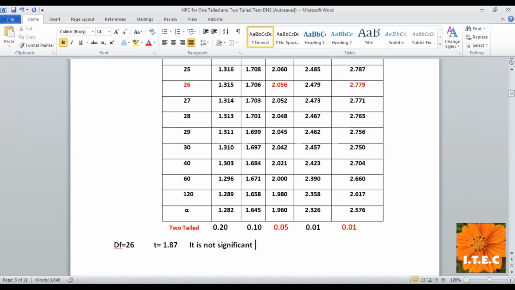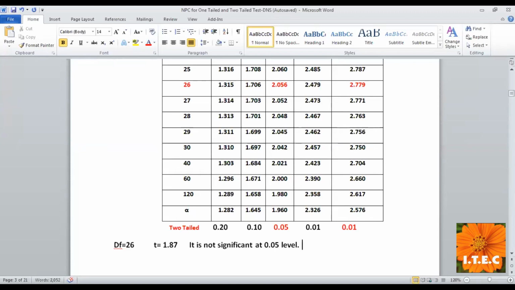And let me write, the moment I say it is not significant, it is understood that it is not significant at 0.05 level. So let me write: is not significant at 0.05 level. Then what is the meaning?